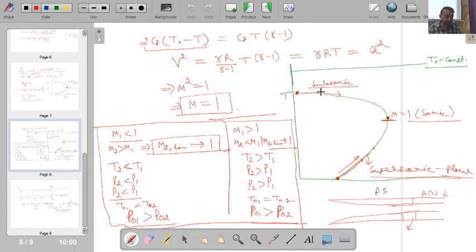Similarly, if I start from a subsonic point, I will reach sonic condition by adding heat, then by cooling I can follow this curve and reach the supersonic situation. But in case of Fanno flow, we will never be able to. If we start at a supersonic point, the limiting condition is that I will reach only the sonic condition. I cannot go into the subsonic region. Is this point clear?